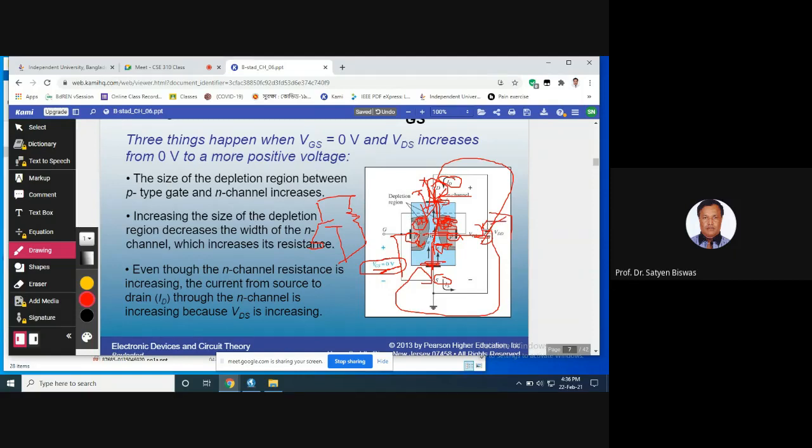Now if we go above the middle point, the voltage is higher in the channel than the bottom, right? In here voltage is less than the voltage in here. Okay, we can use a different color. Voltage in this area is higher than the voltage in the bottom area. Understand?